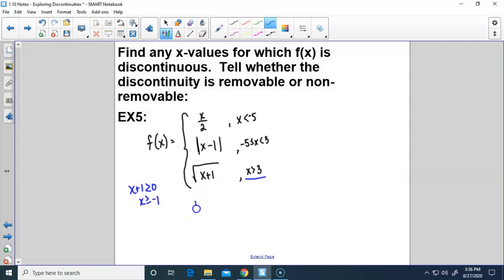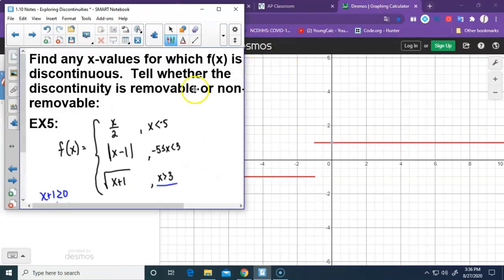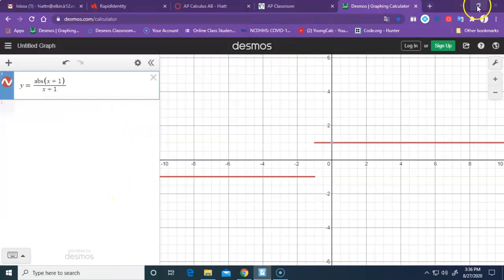So if we do the limit as x approaches negative 5 of f of x, then from the left right there, we would be looking at this function. I'm going to pull up Desmos again and graph this.